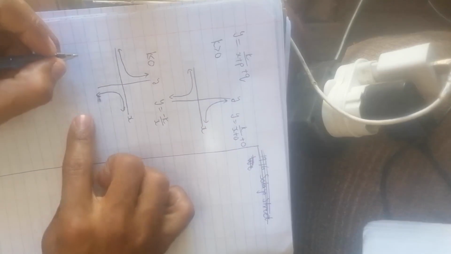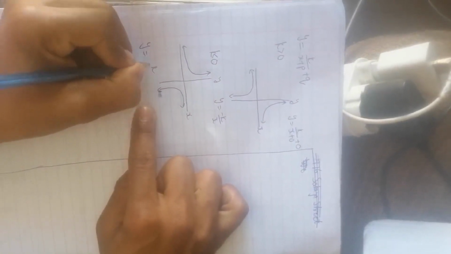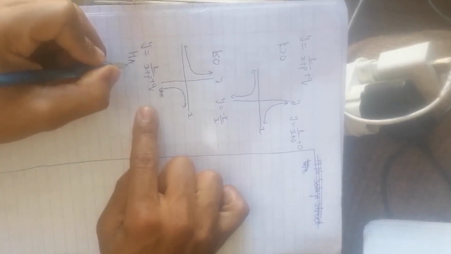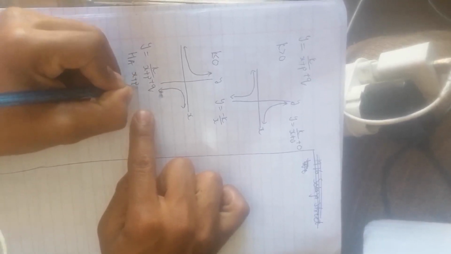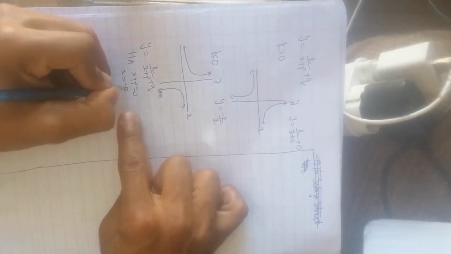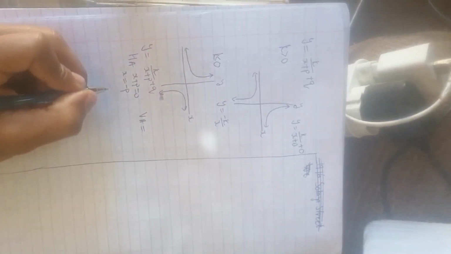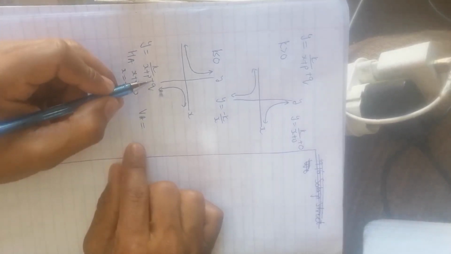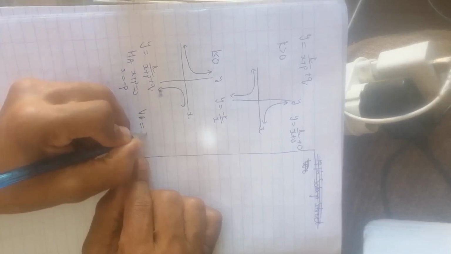So if you have y equals k over x plus p, plus q, your vertical asymptote would be x plus p equals 0, therefore x equals minus p, and your horizontal asymptote would be q.